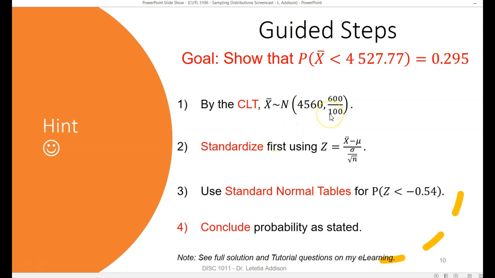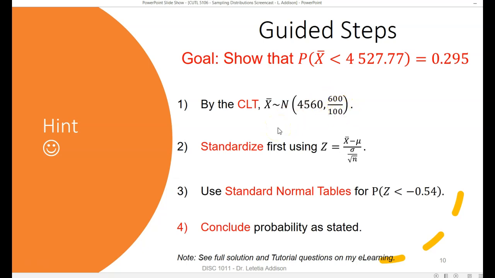Now, since the question stated that n is 100, which we know by our previous rule of thumb is greater than 30, we can see that by the central limit theorem, the sample mean x bar is approximately normally distributed with mean 4,560 and variance 600 squared over 100.